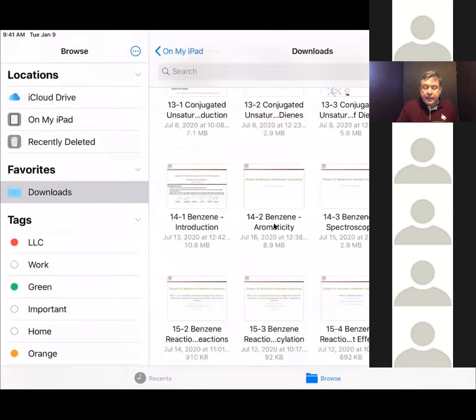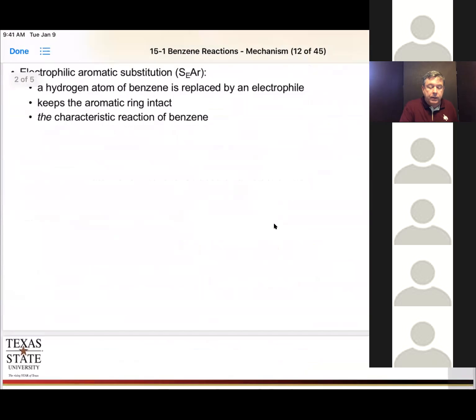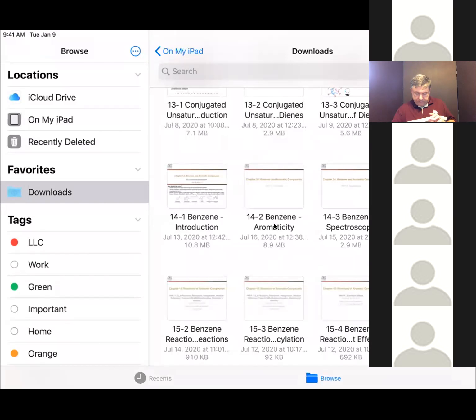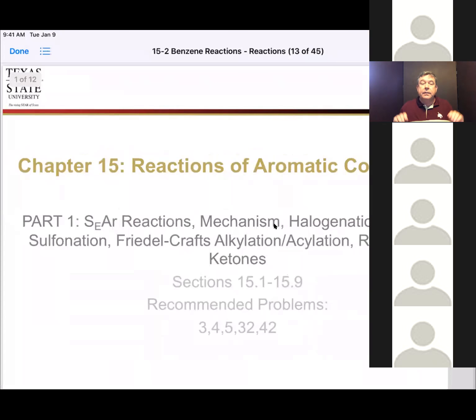And in chapter 15, we talk about benzene specifically. And of course, we introduce a new mechanism here, and it's great because it's the same mechanism for all of our reactions here. It is an electrophilic substitution reaction with 3 steps.